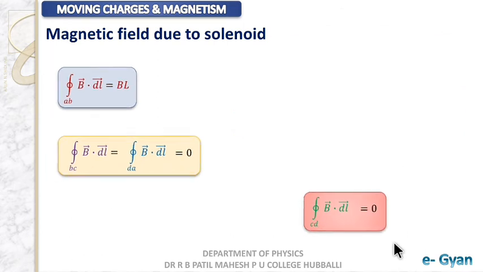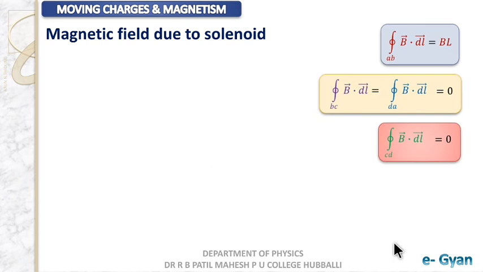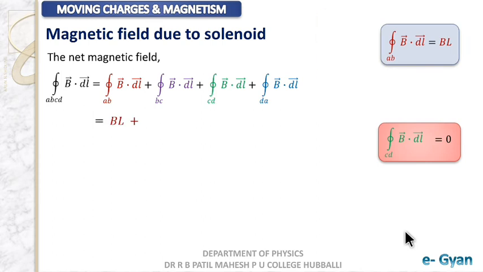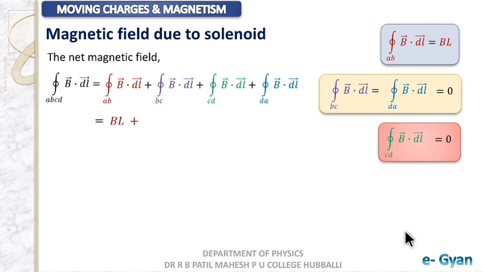Let us keep it aside, and let us substitute these integral values in the net integral value. So this is the LHS term. Here I shall substitute all the values which are here and get the LHS of Ampere's circuital law. So first, once we substitute this value, we get BL plus, next is 0, right?